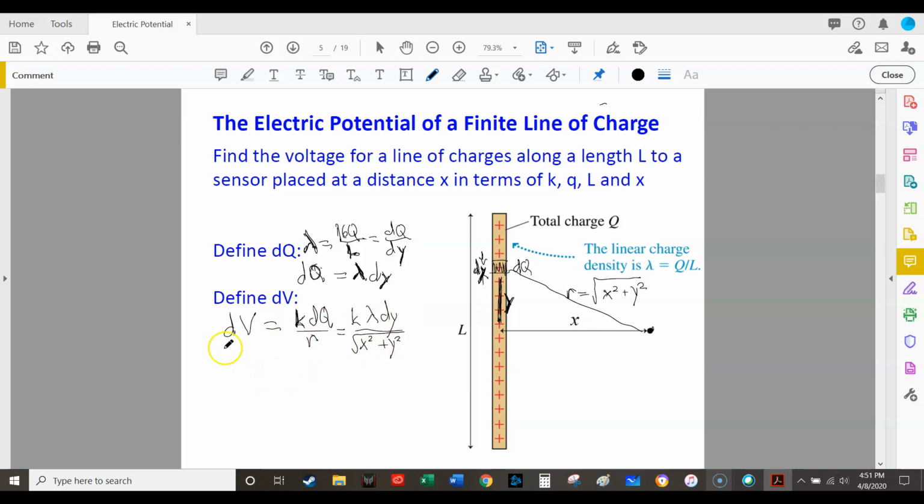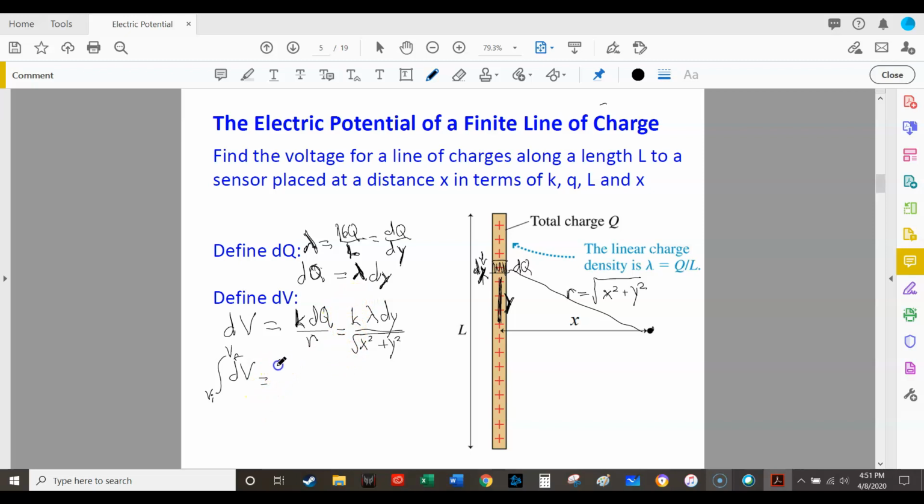If we're going to solve for this, we're going to have to integrate both sides. We integrate dV from the initial voltage to the final voltage. All of these guys are creating a voltage at this point right here, and that's going to be equal to the integral of this side.